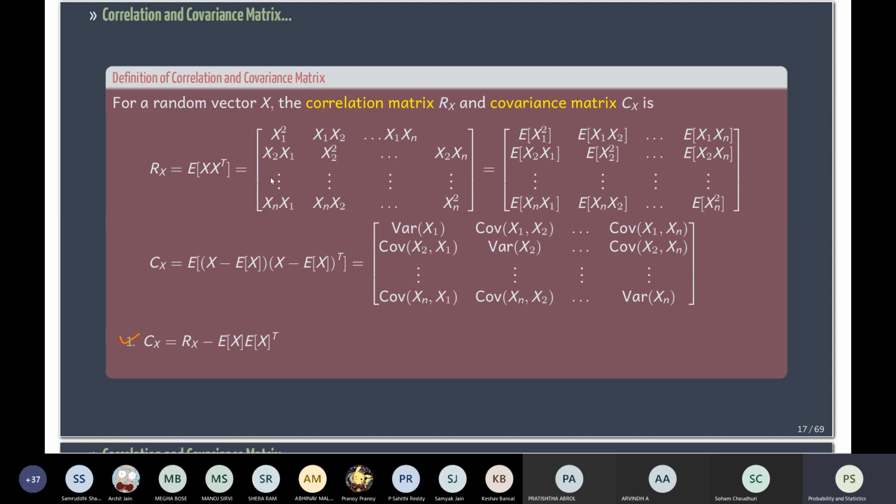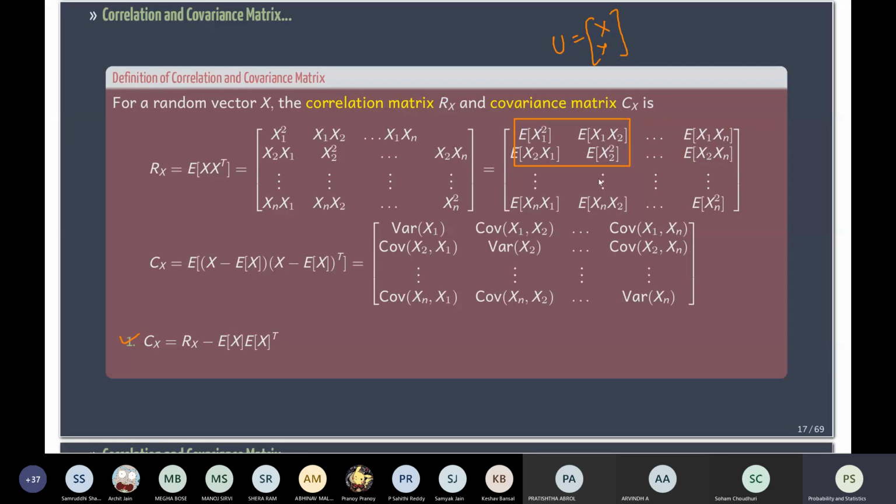Since I have a vector of length 2, I will get a 2 by 2 correlation matrix. So I am supposed to find these terms, because I have a vector U whose components are x, y. So for us, x1 is x and x2 is y.